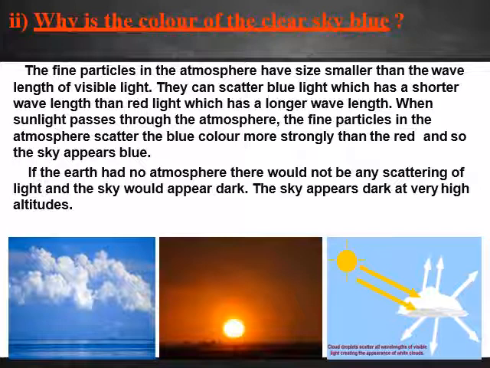When sunlight passes through the atmosphere, the fine particles scatter the blue color more strongly than the red. So the sky appears blue. If the earth had no atmosphere, there would be no scattering of light and the sky would appear dark. So the sky appears dark at very high altitude due to less atmosphere.